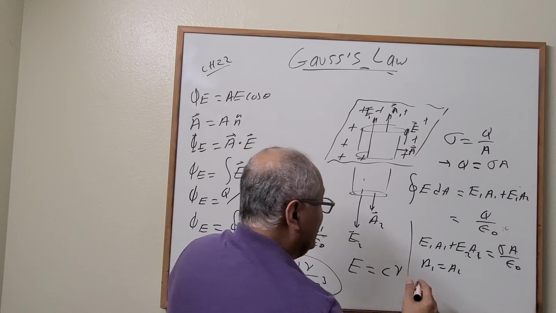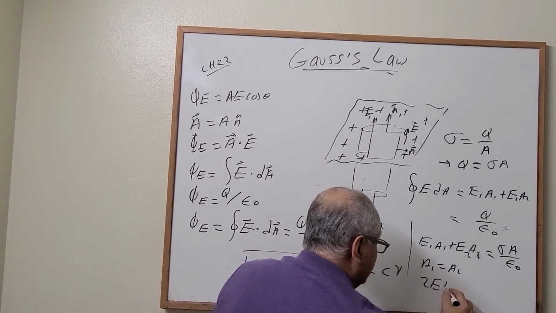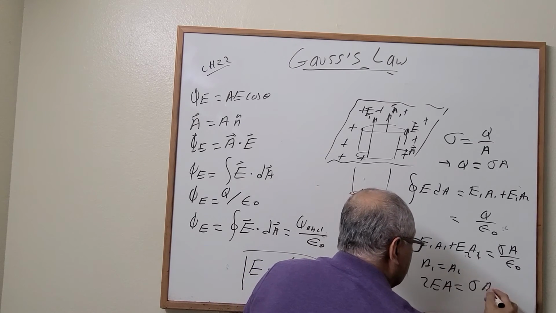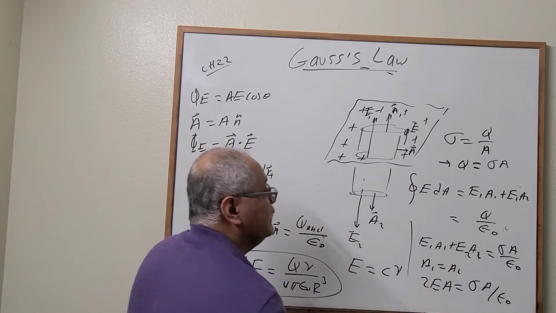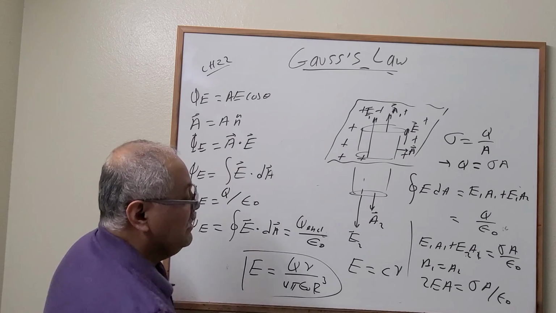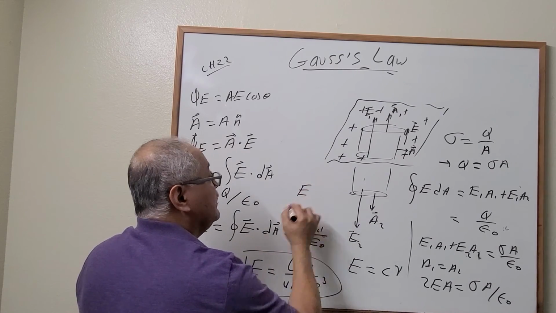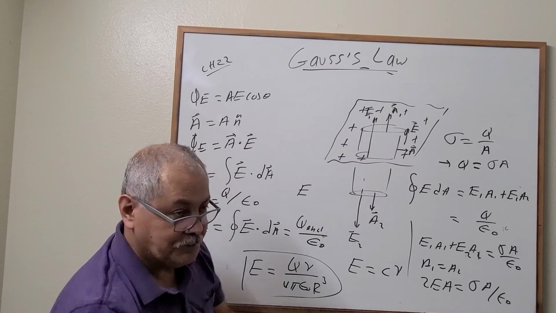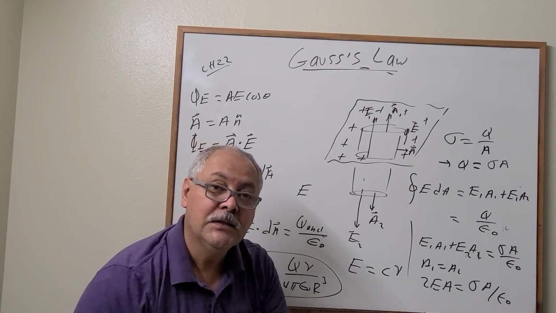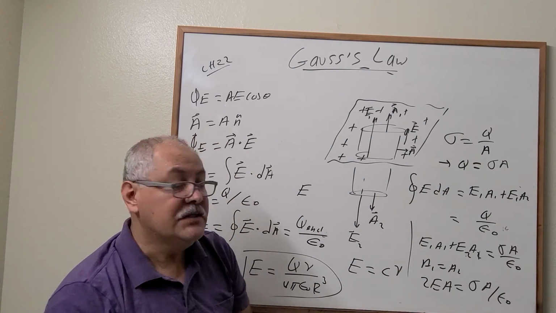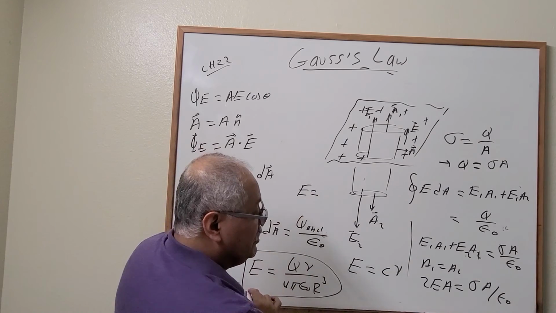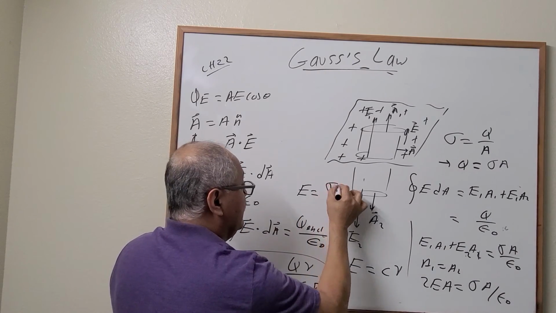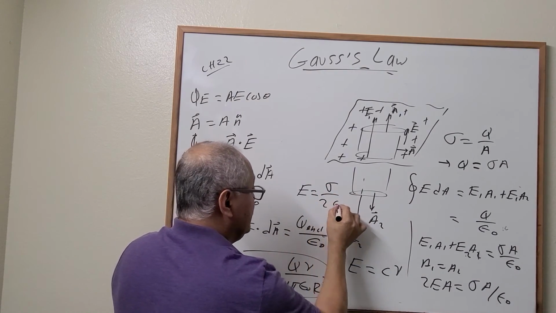So what do we have at the end? 2 times the electric field times the area is equal to sigma area over epsilon naught. And finally, the electric field produced by this huge plate or flat sheet equals sigma divided by twice epsilon naught.